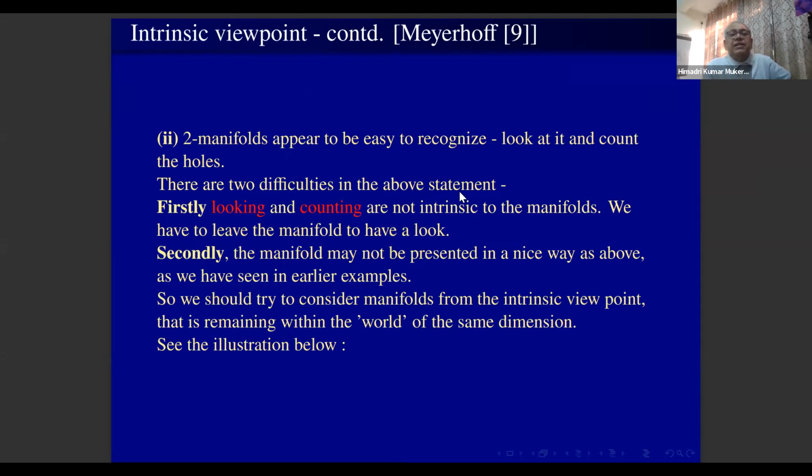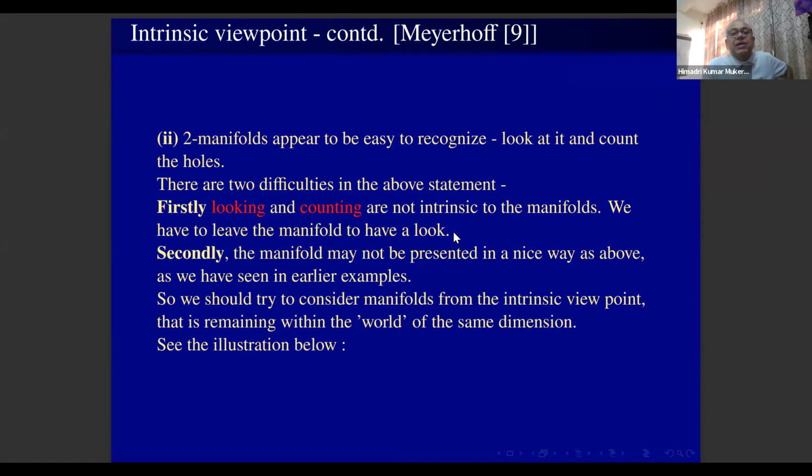Now, there are 2 difficulties in the above statement. Firstly, looking and counting are not intrinsic to the manifolds. We have to leave the manifold to have a look. For example, when we talk of a 2-dimensional manifold, we are actually talking in terms of its embedding in 3 dimensions. That means we are looking at the 2-dimensional manifold from the perspective of 3 dimensions.